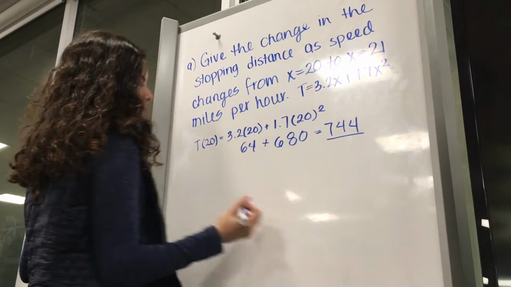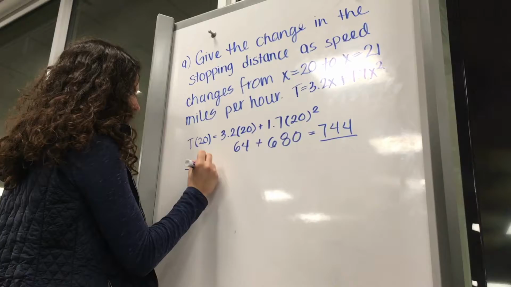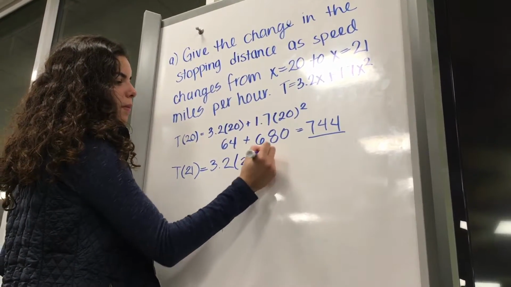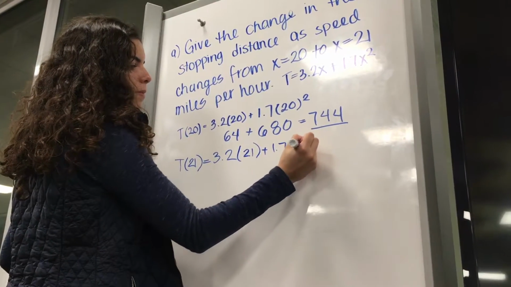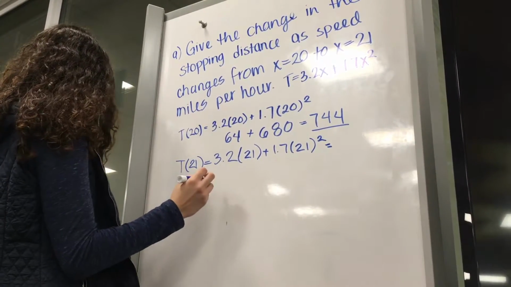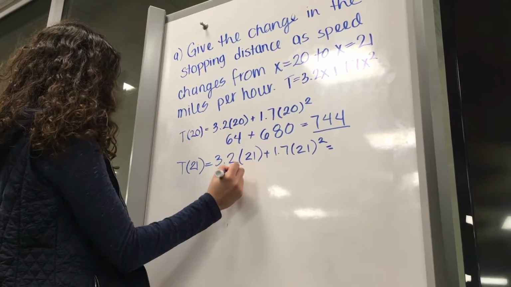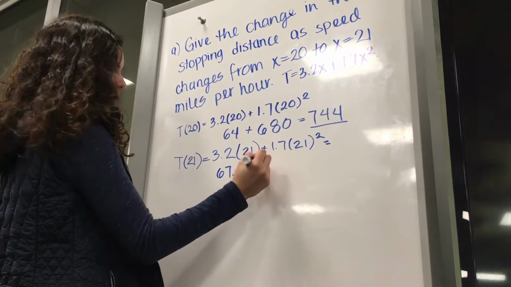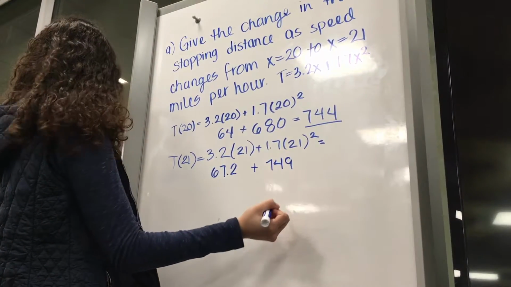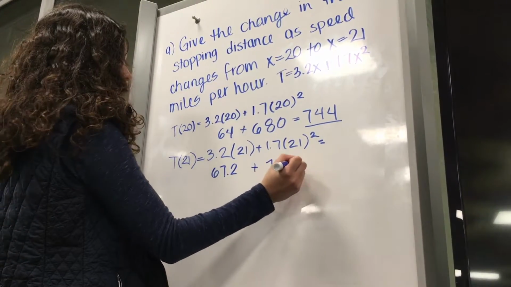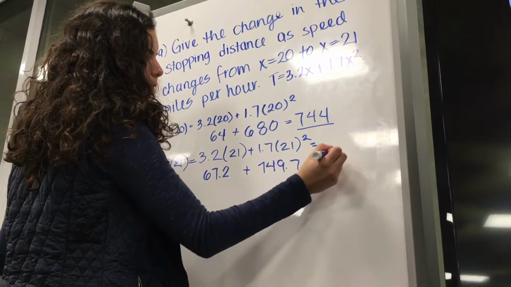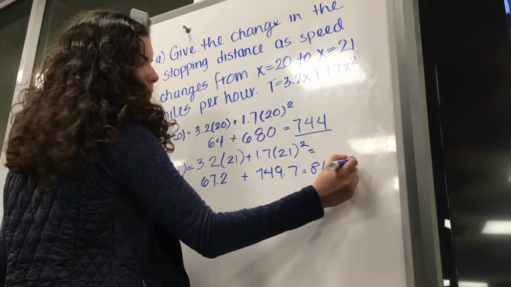744. Then we plug in 21 as the speed, again in the same equation, to find the stopping distance when the speed is 21. 3.2 times 21 plus 1.7 times 21 squared. $67.2 plus 749, which gives us 816.9.